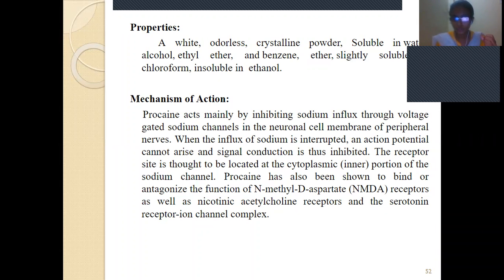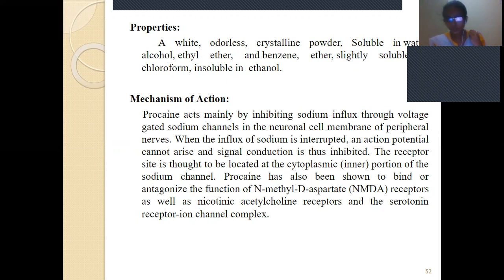Procaine has been shown to bind to or antagonize the N-methyl D-aspartate receptor, as well as the nicotinic acetylcholine receptors and the serotonin receptor ion channel complex. So the main mechanism of action is that it inhibits the function of the sodium channels.